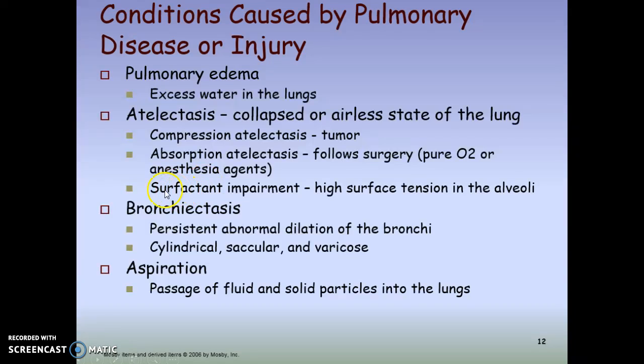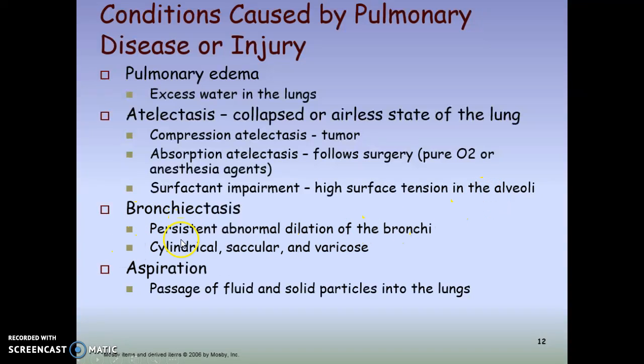And then there can be issues with surface impairment or surfactant impairment. The surfactant is going to be produced by the type 2 alveolar cells, and that's going to help with alleviating surface tension in the alveoli and helping air to move across the two membranes.